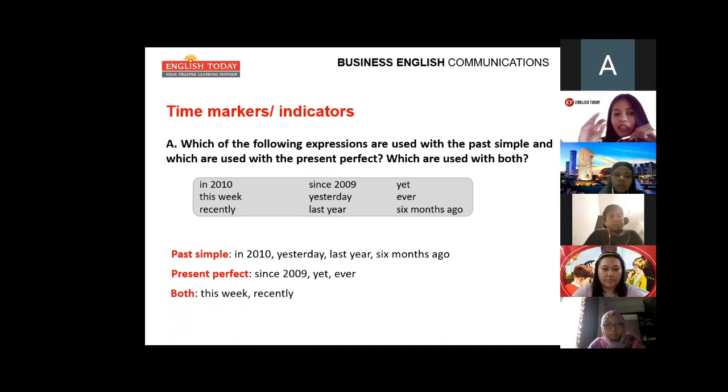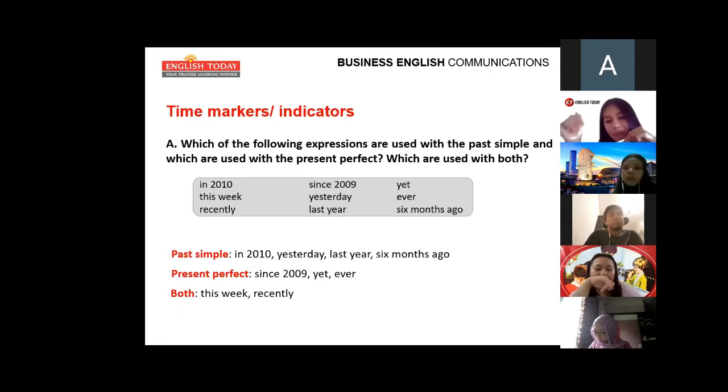And we can use the words this week, this year, or recently in both past simple and present perfect. This is the tricky part, and it also answers Alfie's question. If you want to say this year, it depends on what you want to talk about.